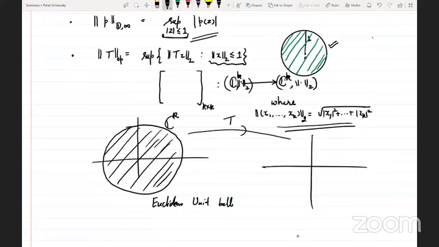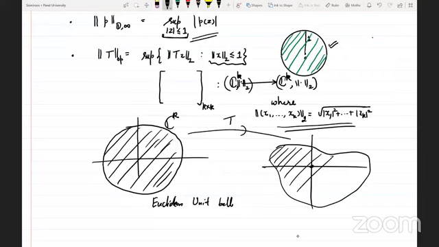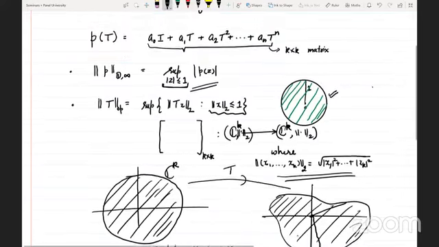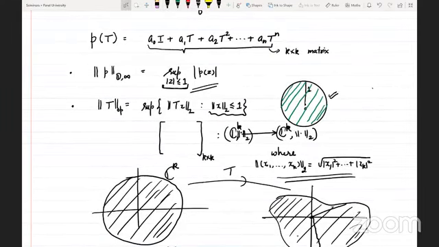Under a linear map 0 will go to 0, so it will be around this point. It could be something like this. Just look at the image of this unit ball under T. It is some set like this. And then what exactly is the norm? You compute the maximum distance. Right now, I think the maximum distance will be this in this picture. So this is basically the norm of T. Look at the unit ball image and see what is the farthest point. Okay, so this is norm T.